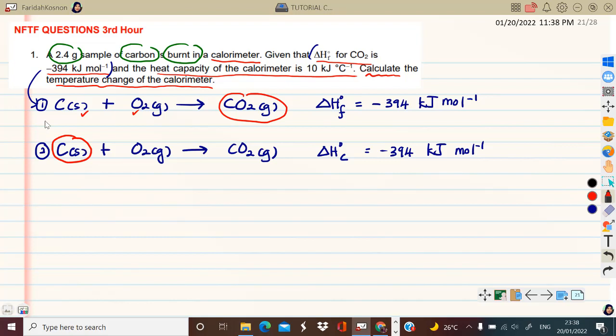So you must remember that the second equation represents the reaction occurring in the calorimeter, while equation number 1 comes from the statement of the standard enthalpy of formation value.